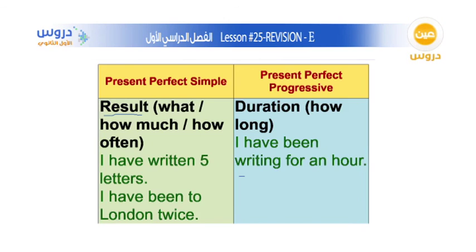I have been to London, also result. Whereas the present perfect progressive here, you are concentrating on time, duration, how long. I have been writing for an hour. And this is actually the difference between the present perfect simple and the present perfect progressive or continuous.